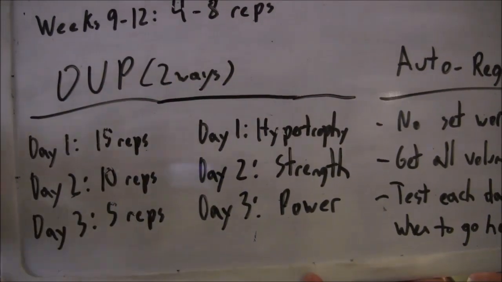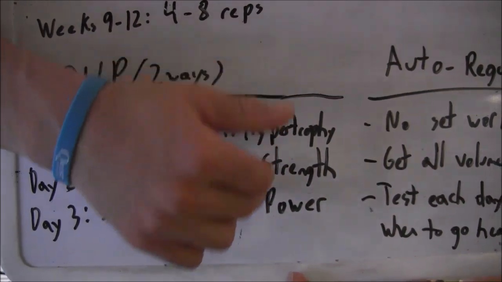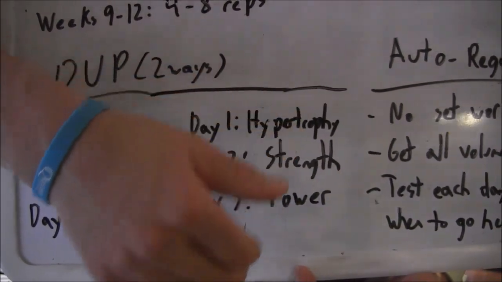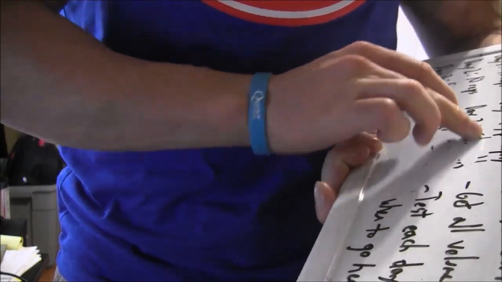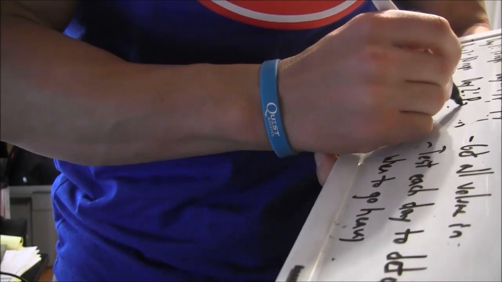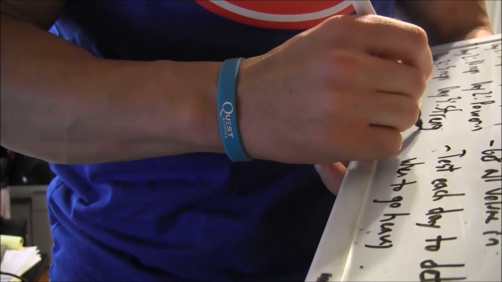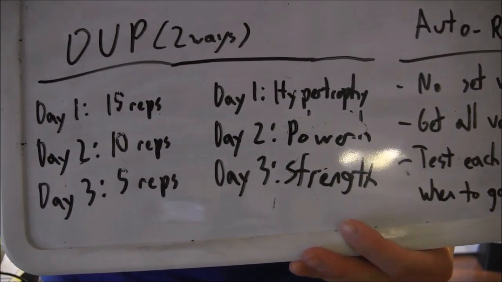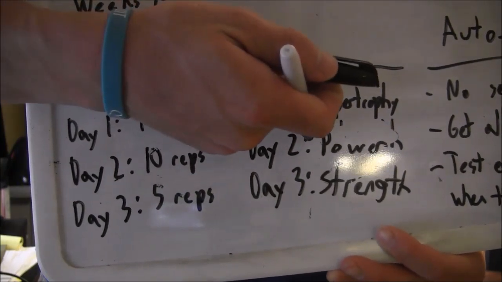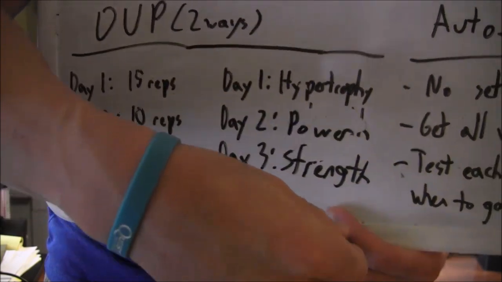And that will give you some active recovery, and so by the time you come in to do your strength day on day 3, again, we're switching these, you will be better recovered. So his program, or what he would recommend, would look something more like this. Okay, so you do hypertrophy, power, strength. And I've utilized that program.